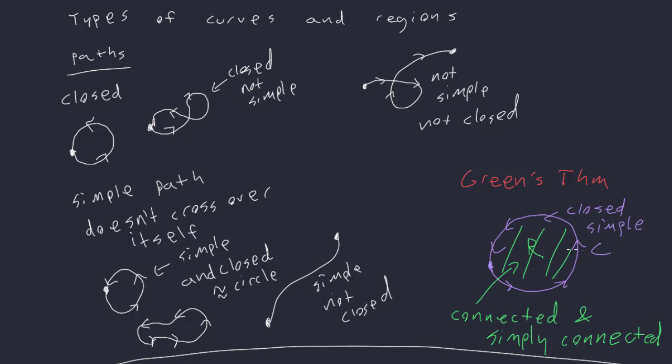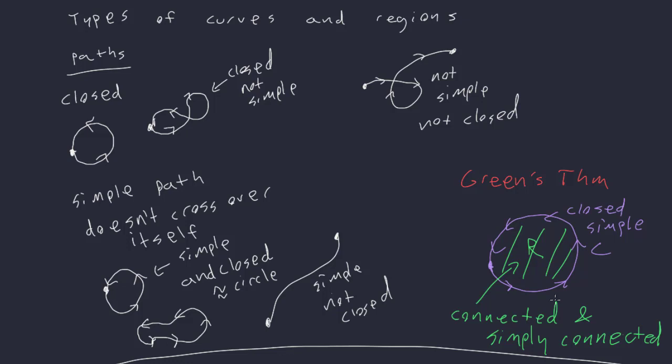So in other words, the curve itself shouldn't cross over itself, and it needs to be closed and counterclockwise, and the region in it can't have any holes in it, and it should be connected. We just need all this to happen, and specifically it's about how we need the vector field to behave over the region that we're enclosing.